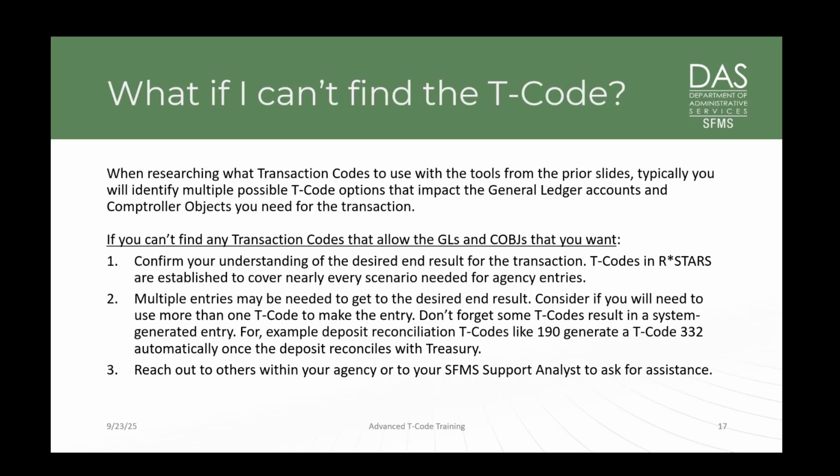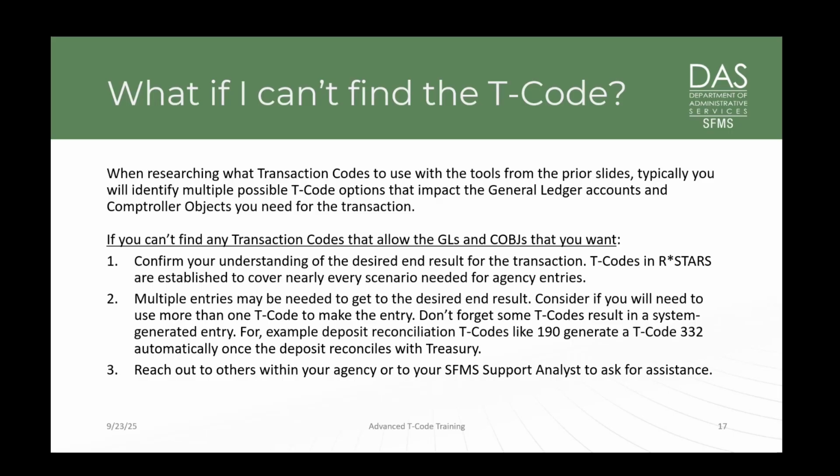But what if after I've used all of those things and I still can't find the right T code? When you're researching what transaction codes to use with the tools from the prior slides, typically you're going to end up with multiple possible T code options that impact the general ledger accounts and the comptroller objects you need for those transactions.